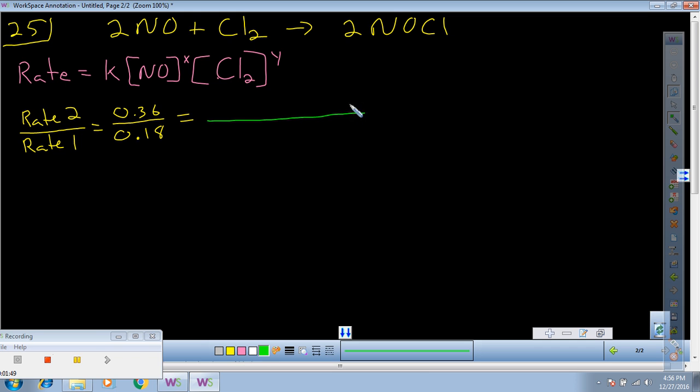The rate law then is my constant times my concentration of NO and my concentration of Cl2. And that's experiment number 2. Make sure you keep the right experiment in the right place.